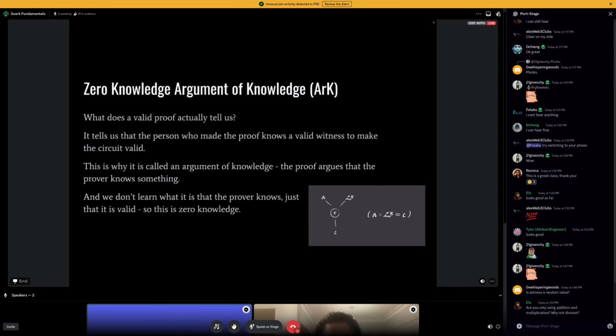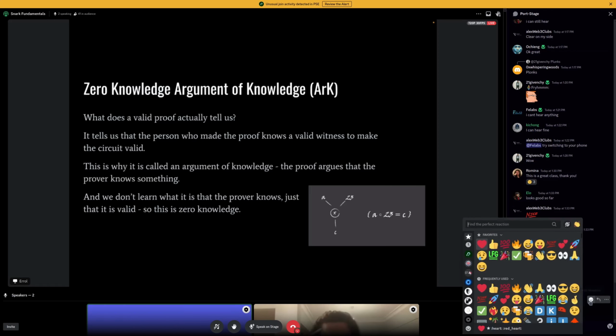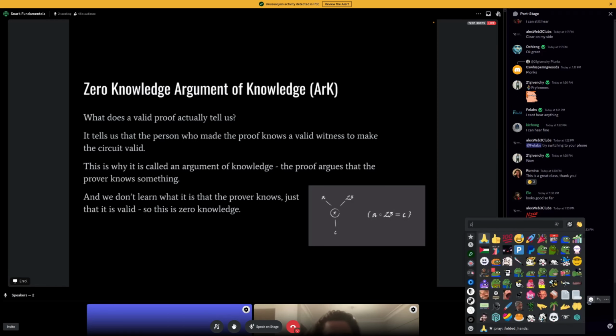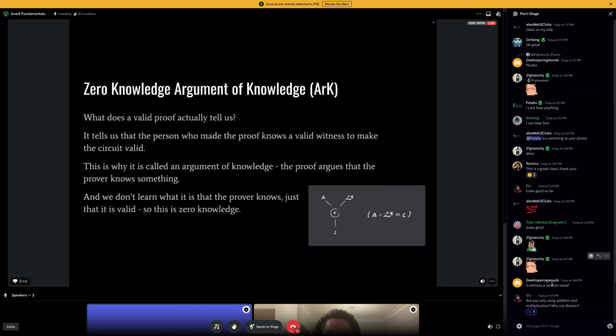For Elo's question, it's very good asking why we only use addition and multiplication and not division. We're going to cover that properly in the second session. But the short answer now is that because of the mathematical objects we work with, you can do division using a multiplication.